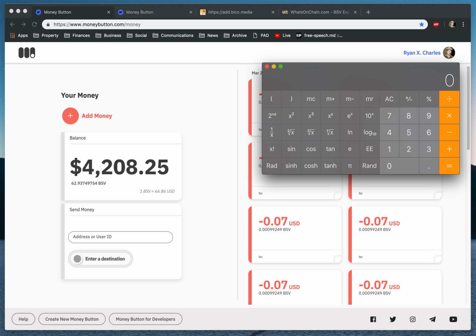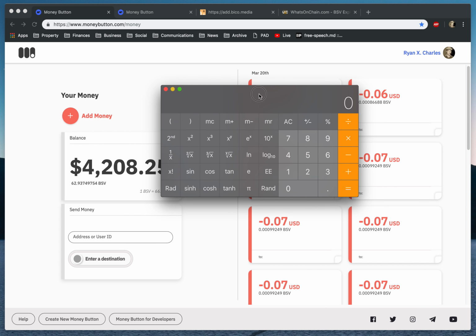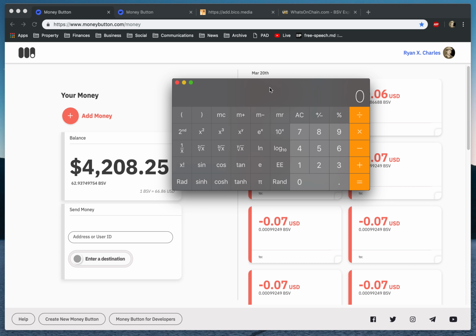So let me show you, first of all, some math that you can do to start figuring things out here. In this case, I have $4,208. It costs about 7 cents for 100 kilobytes. So let's run some numbers here. $4,208 times 100 tells me how many cents I have.